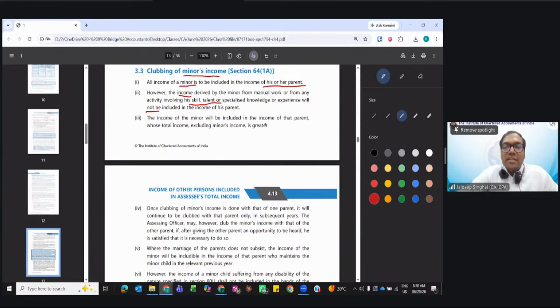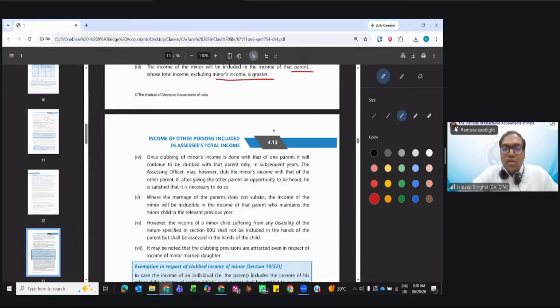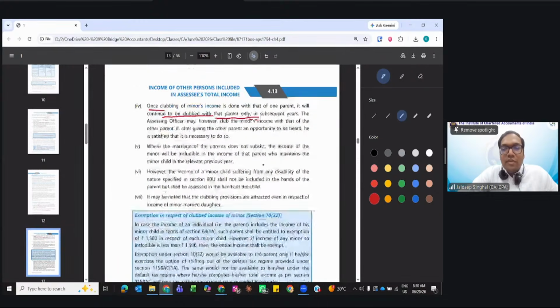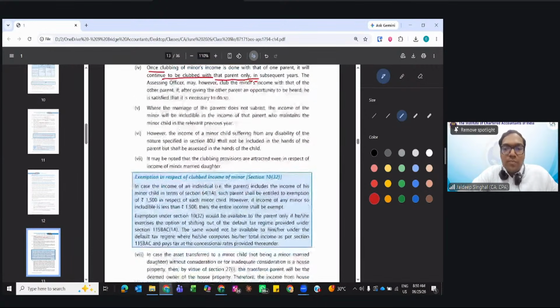The income of the minor will be clubbed in the hands of the parent whose total income, excluding the minor's income, is greater. Once clubbing is done, it will continue to be clubbed in the hands of the same parent in the subsequent years. The assessing officer may, however, club the minor's income with that of the other parent if, after giving the other parent an opportunity of being heard, he is satisfied that it is necessary to do so.